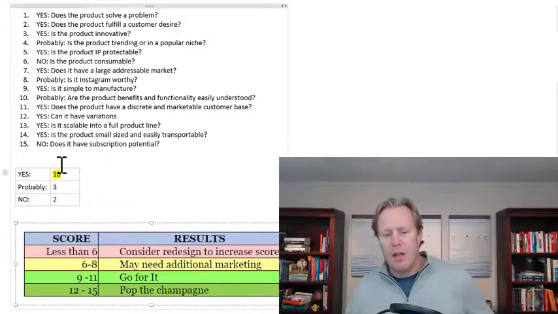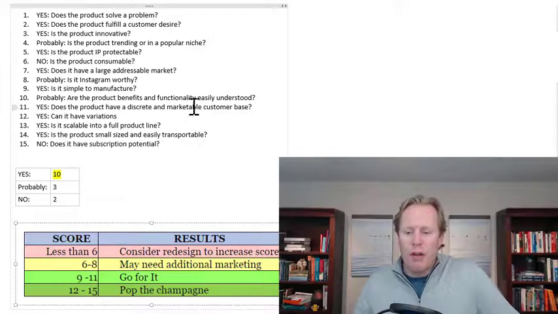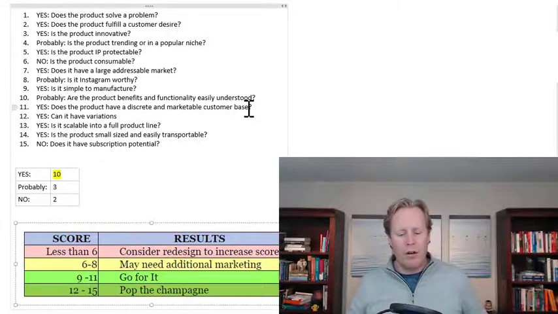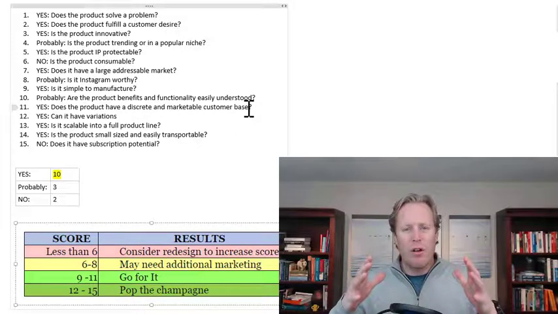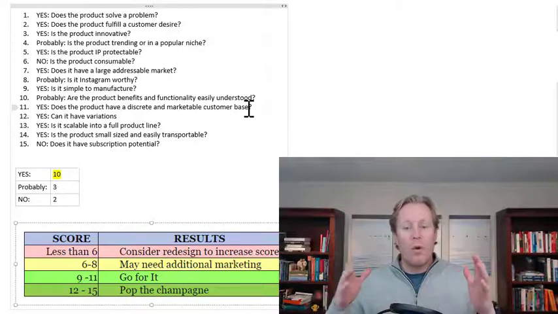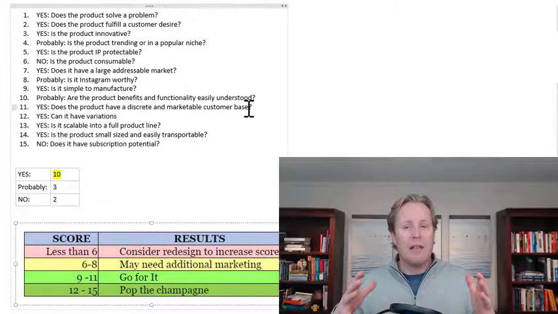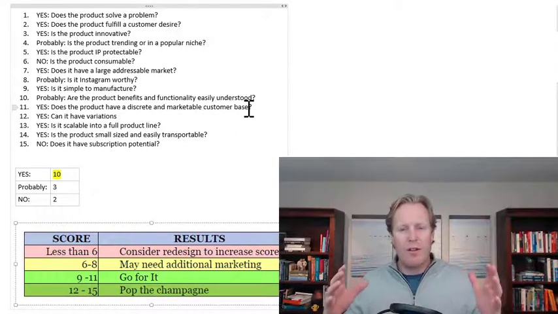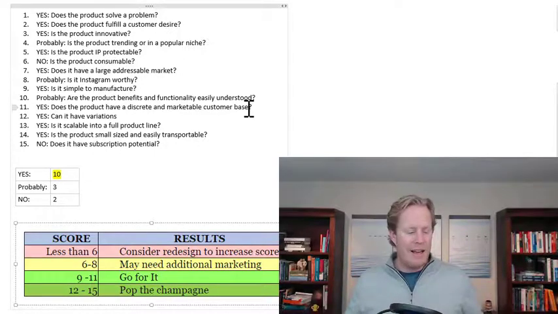Does the product have a discrete and marketable customer base? Yes, it does, in the sense that certain segments of the running community need a product like this. They travel with their gear and it gets messed up and lost and jumbled.